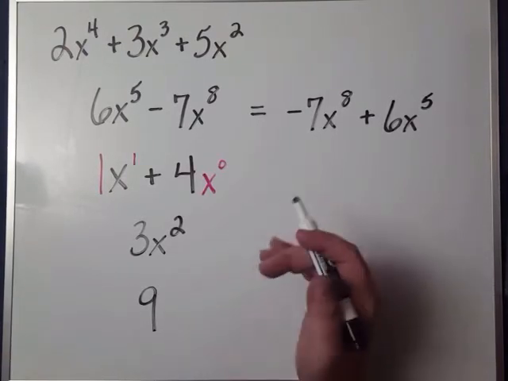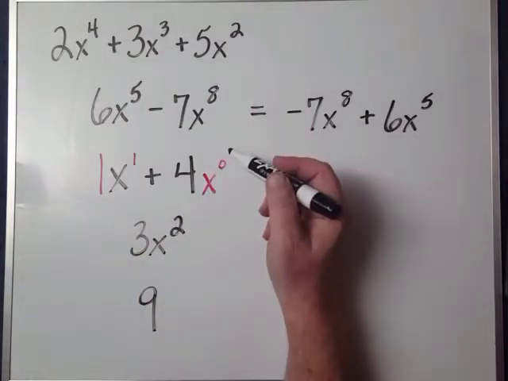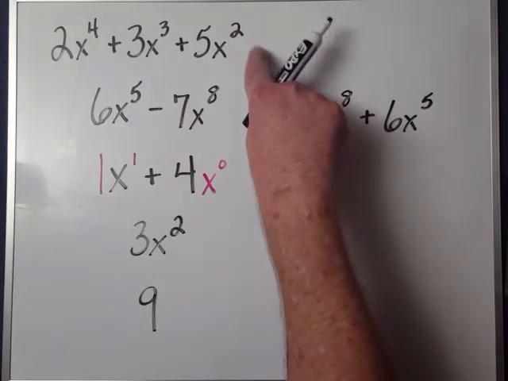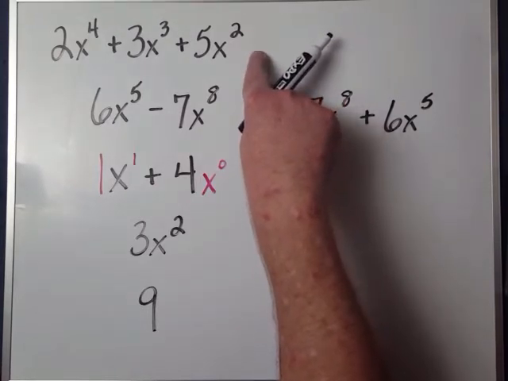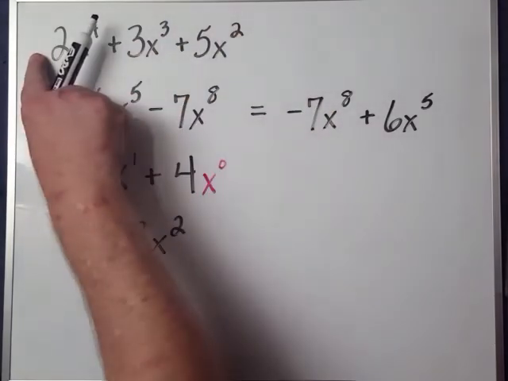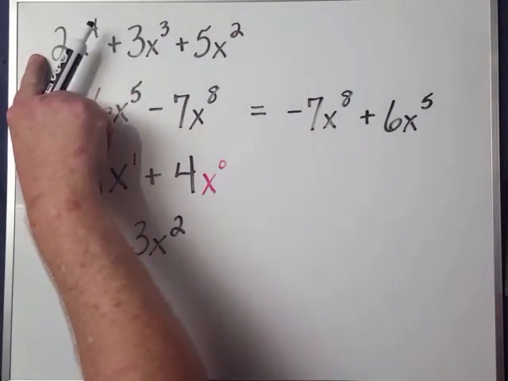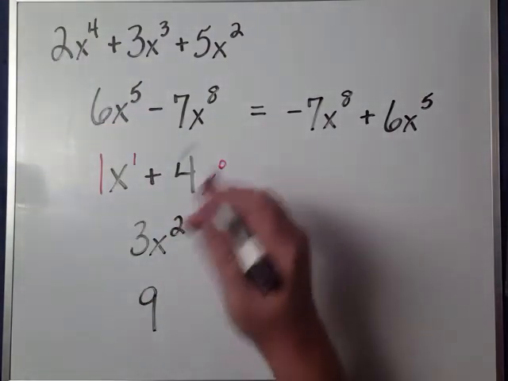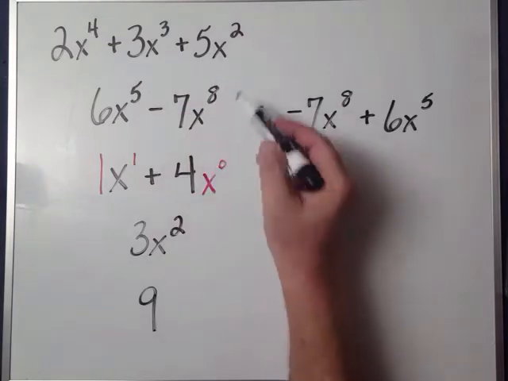Well, a non-zero term just means you can see it. If it were a zero term, we have a plus 0x that we could write here without changing the value. We have a 0x to the 5th we could tack on the front without changing the value. That's what it means by we're looking at the non-zero terms. It's the ones that you can see.